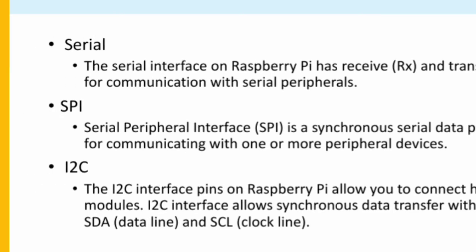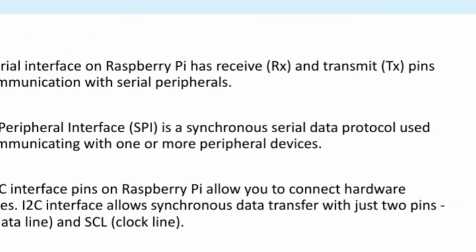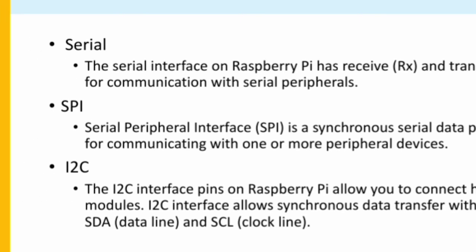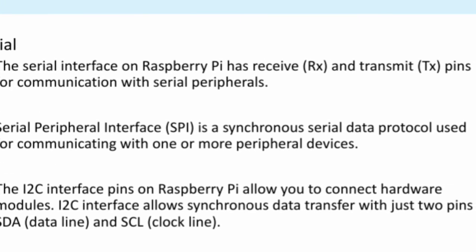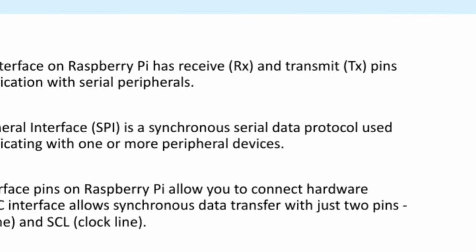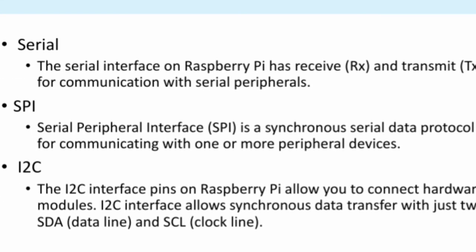The I2C interface pins on Raspberry Pi allow you to connect hardware modules. The I2C interface allows synchronous data transfer with just two pins: SDA, the data line, and SCL, the clock line.